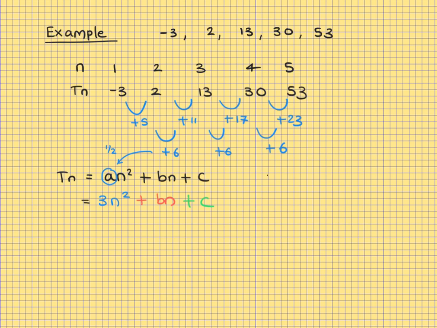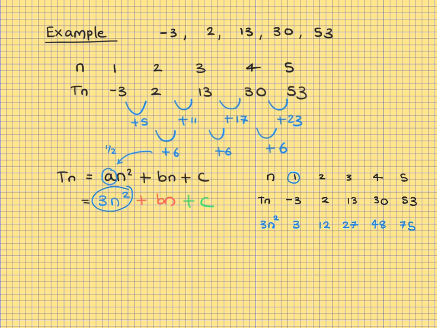So I'm going to set up again n, 1, 2, 3, 4 and 5, Tn, negative 3, 2, 13, 30 and 53. And then this time we want to set up 3n squared. So again, remember we want to square each value of n and then multiply by 3. So we have 3, we have 12, we have 27, we have 48, and we have 75.